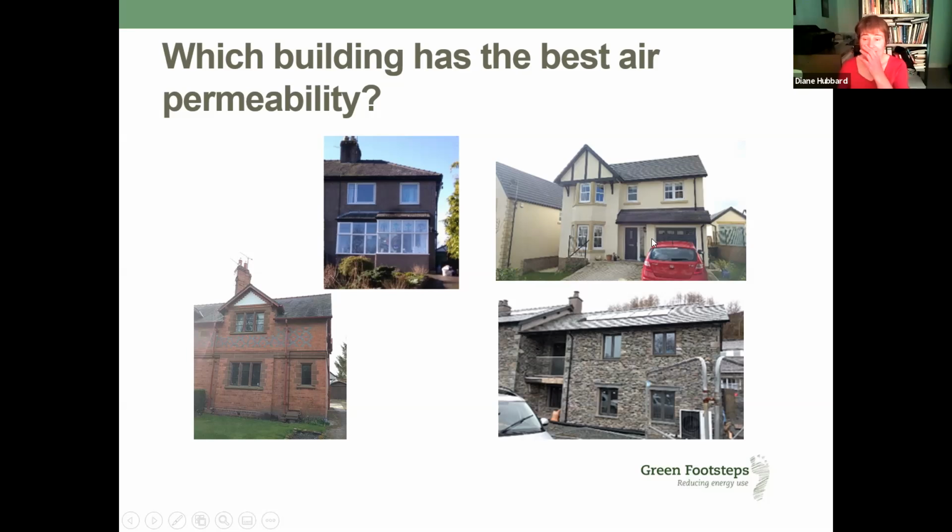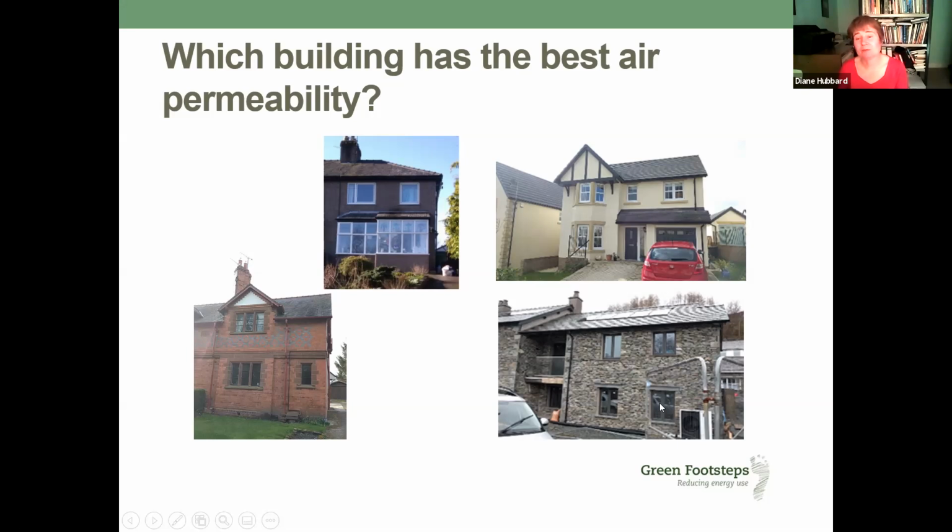The property on the top right I tested within the last month. It's a new 4-bed detached property. The one in the bottom right, I tested earlier this year. It's a new build. It's got all sorts of gadgets and gizmos. It's got PVs. It's got an air source heat pump. It's an end terrace.